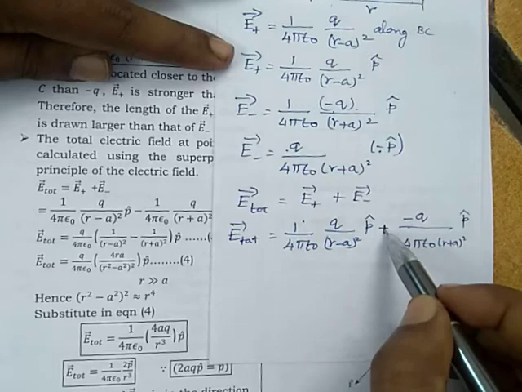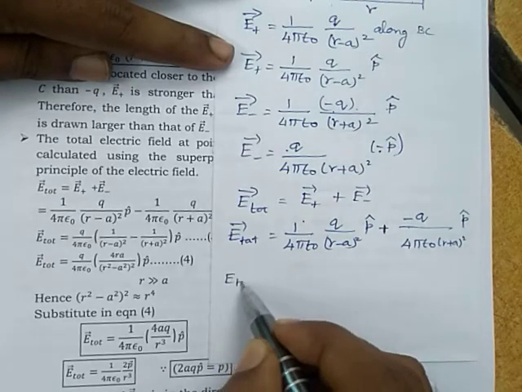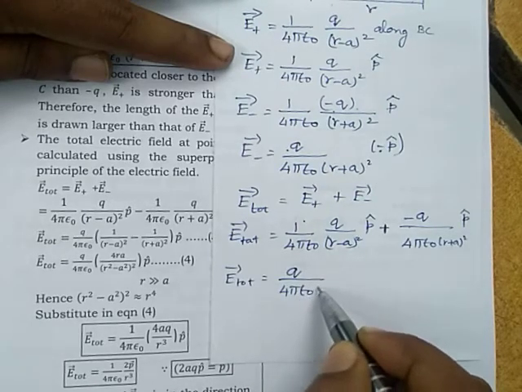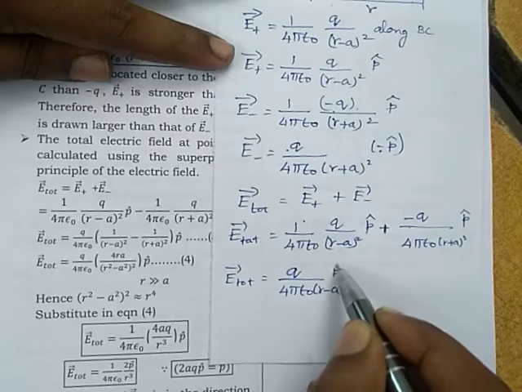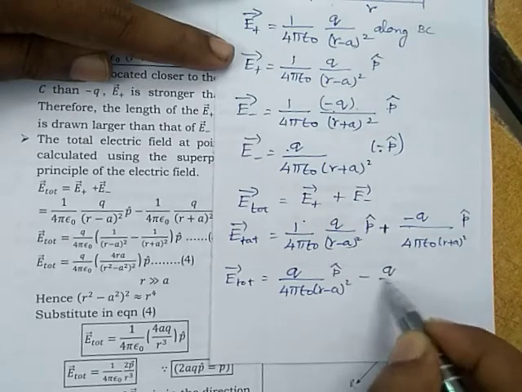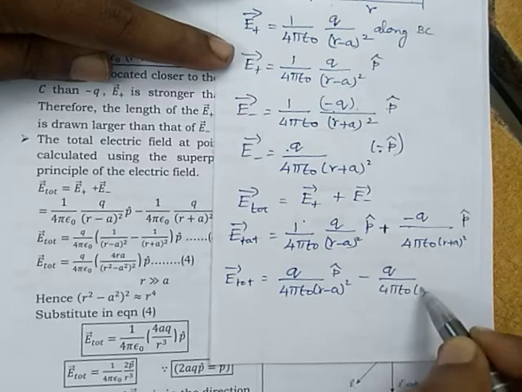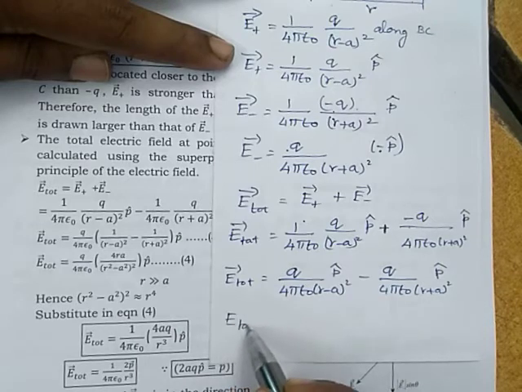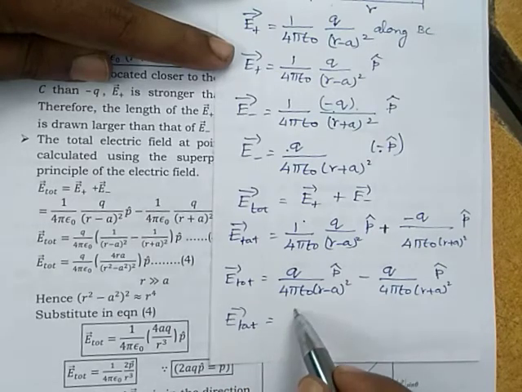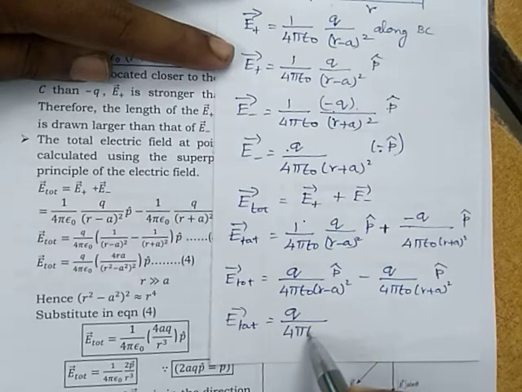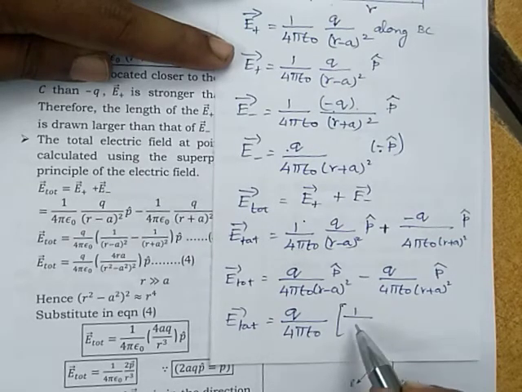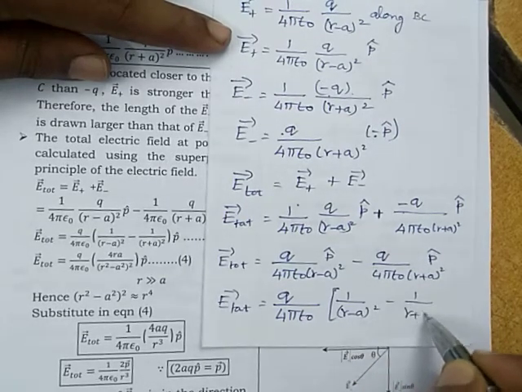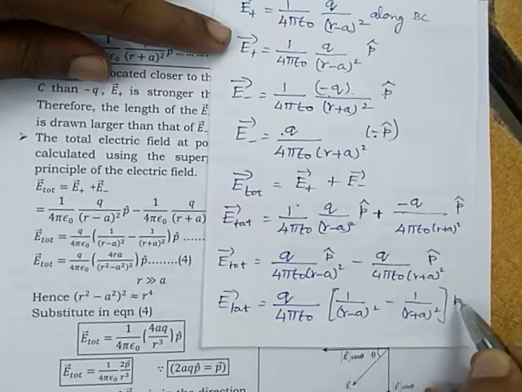So it is minus, then E total vector is equal to q by 4 pi epsilon naught r minus a whole square p cap minus q by 4 pi epsilon naught r plus a whole square p cap. Taking the constant terms out, we get q by 4 pi epsilon naught, 1 by r minus a whole square minus 1 by r plus a whole square into p cap.